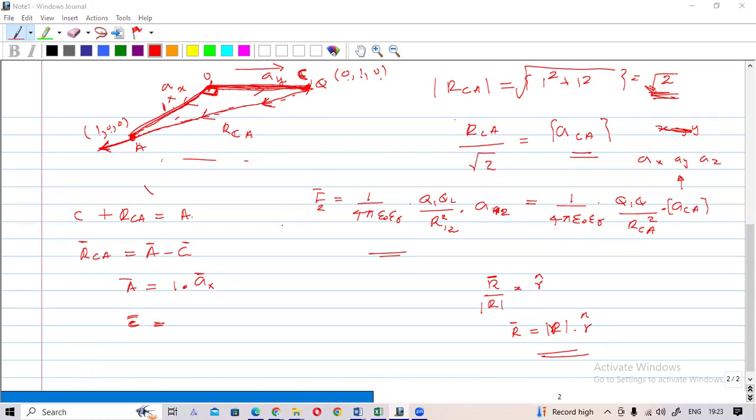So C hat, that is this vector, is equal to C divided by the magnitude of C. The magnitude of C is 1, and the unit vector of C is AY. So that is the standard direction, AY.